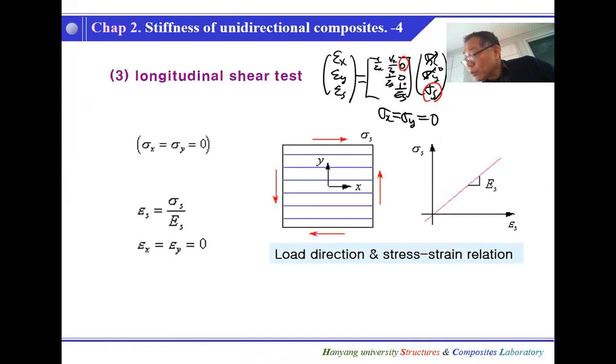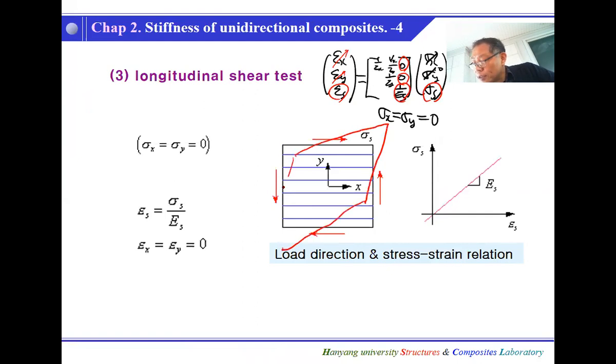See, this is 0, 0, and that. So this will be 0, 0. We only will measure the shear strain. So when we apply this, the shear strain will be like that.